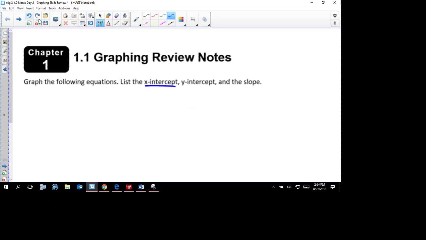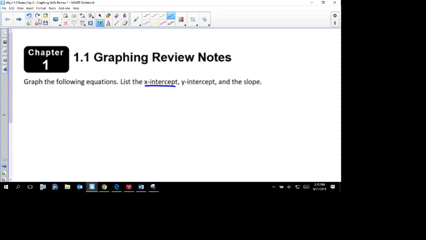To find the x-intercept, always and forever in Algebra 2 class and beyond: the x-intercept is where it hits the x-axis. The y value on the x-axis is nothing. It's not up and it's not down. It's right on that x-axis. So the y value is 0. So if you plug in 0 into the equation, you will find the x-intercept.